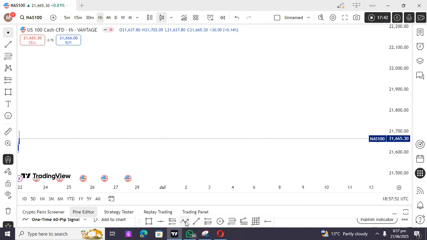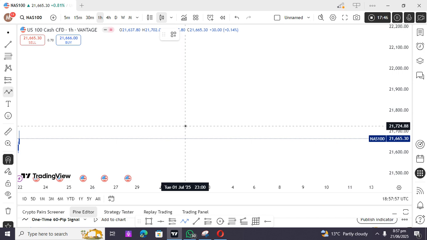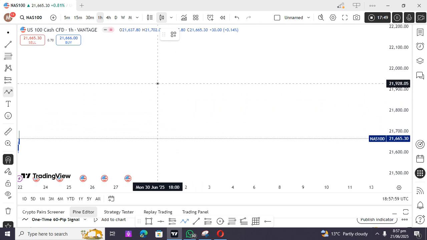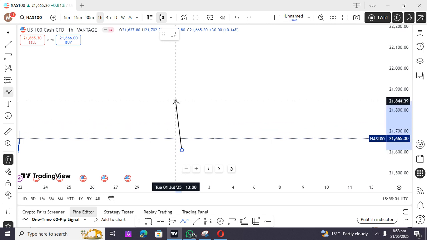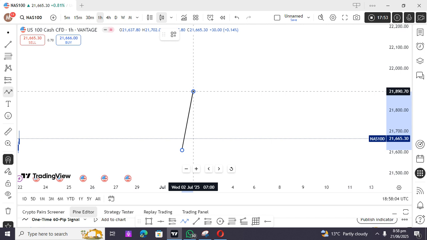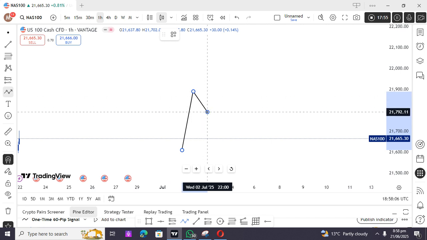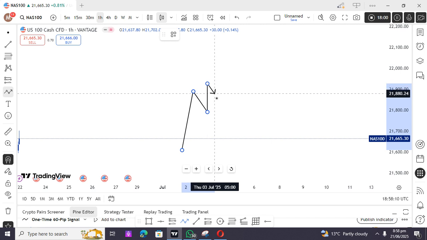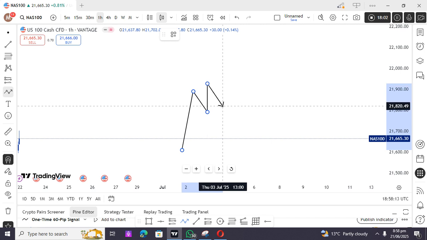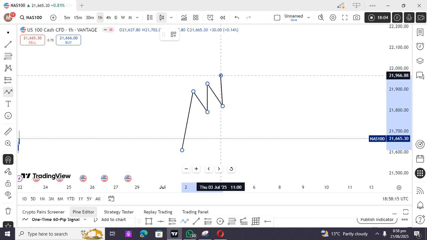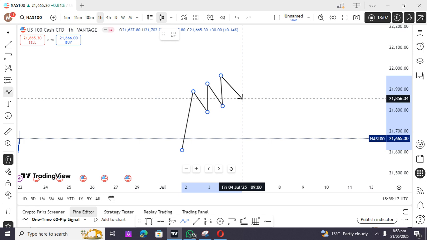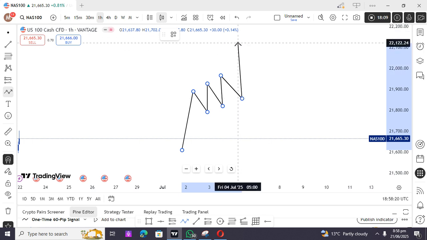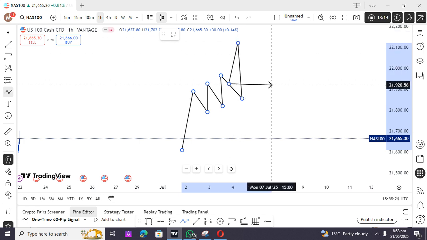which is a rising wedge. I'm not sure, guys, I can be able to do this one. Sorry, sorry, sorry.